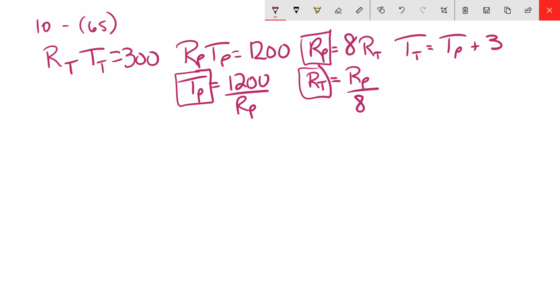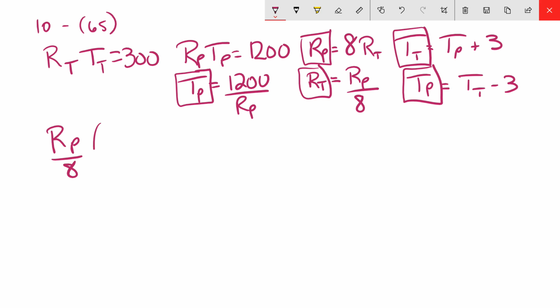Okay, and here I've got something for TT, but I can manipulate it around to get that TP equals TT minus 3. All right, so I've got all those. I'm going to plug them in. I'm going to use this over here. I have this RP over 8 times TP plus 3 equals 300.